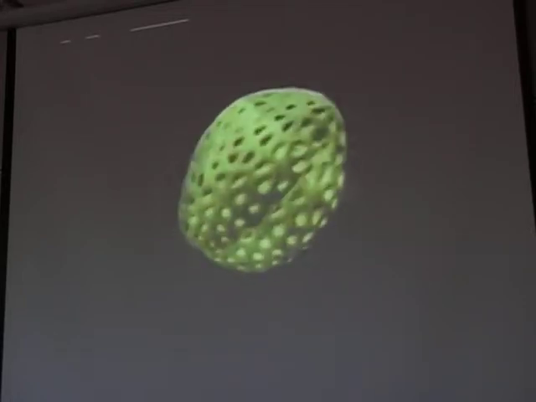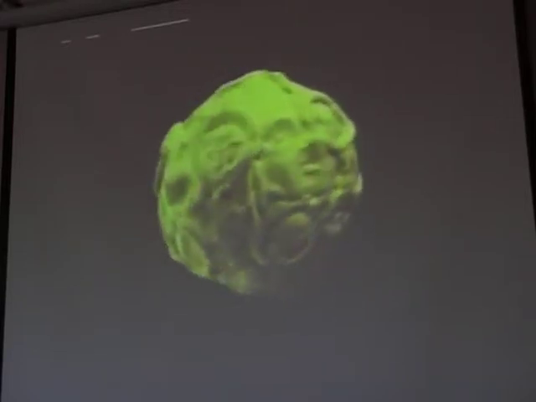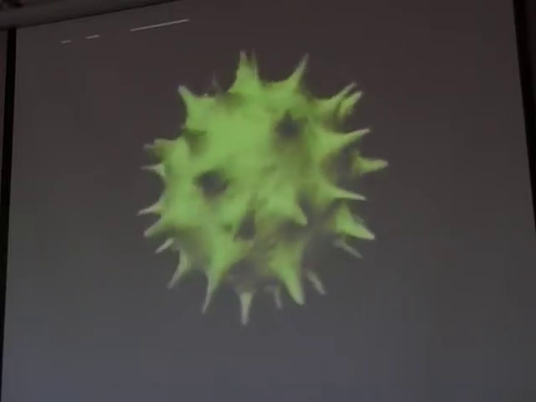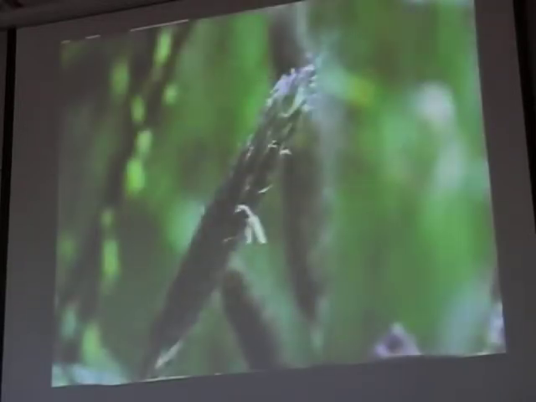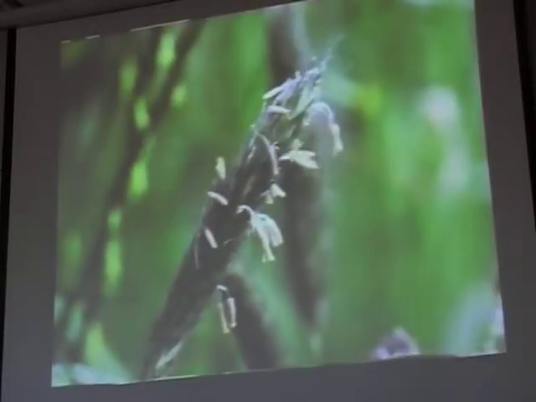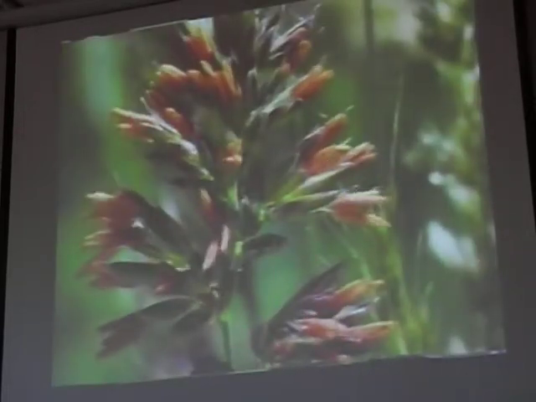No bigger than specks of dust, they're astonishingly varied and complex in shape. Each species of plant has its own characteristic pattern. That's my favorite. They're shed in millions from stamens that tumble out of the grass's tiny flowers.